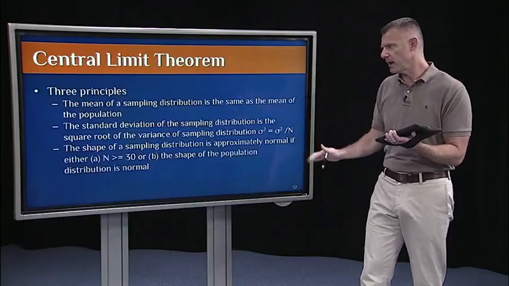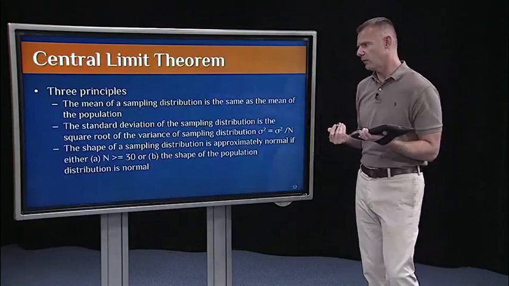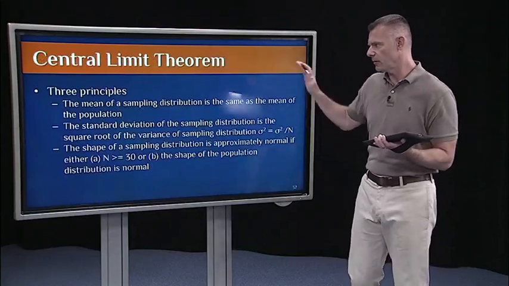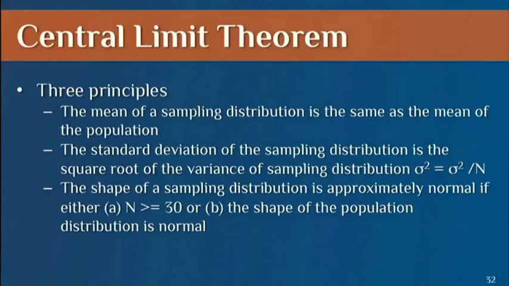So to wrap up this segment and hopefully bring the last few lectures all together, the central limit theorem has these 3 principles. The mean of the sampling distribution is the same as the mean of the population, and if we're assuming the null hypothesis to be true, that mean's going to be 0. The standard deviation is just the square root of the variance.